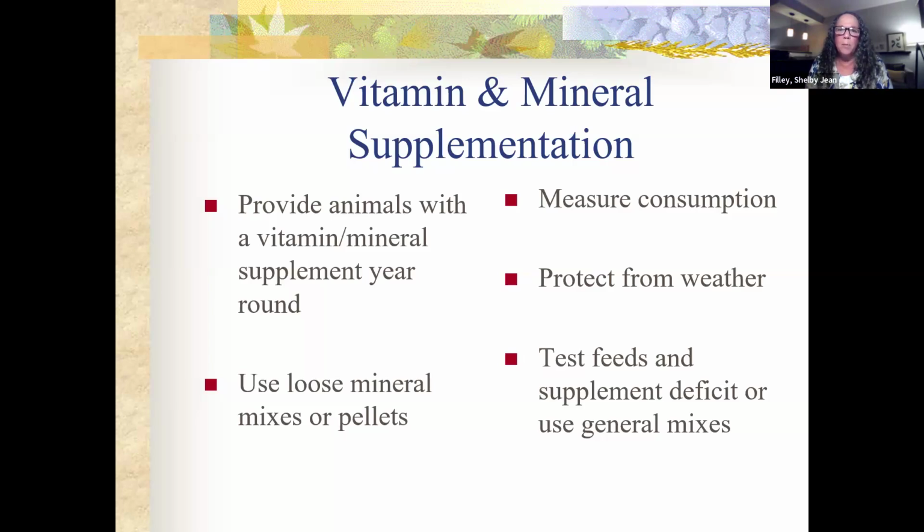But you can also test your feeds and the supplement, and add supplement to make up the difference. The feed tag on the mineral will say feed at 1/2 ounce per day per head, or 1 ounce, or 2 ounce. So if you're measuring that, you can see, are they even eating near what they're supposed to?